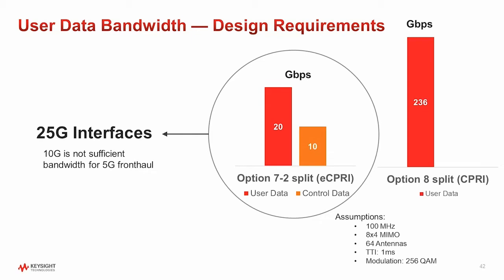While connecting towards the RU, they can use the 25 gig link, and while connecting towards the core, the links can get aggregated to 100 gig or beyond in some cases. So the switches are getting designed to support different link speeds, 10 gig, 25 gig, and 100 gig, to be able to build up the transport network.